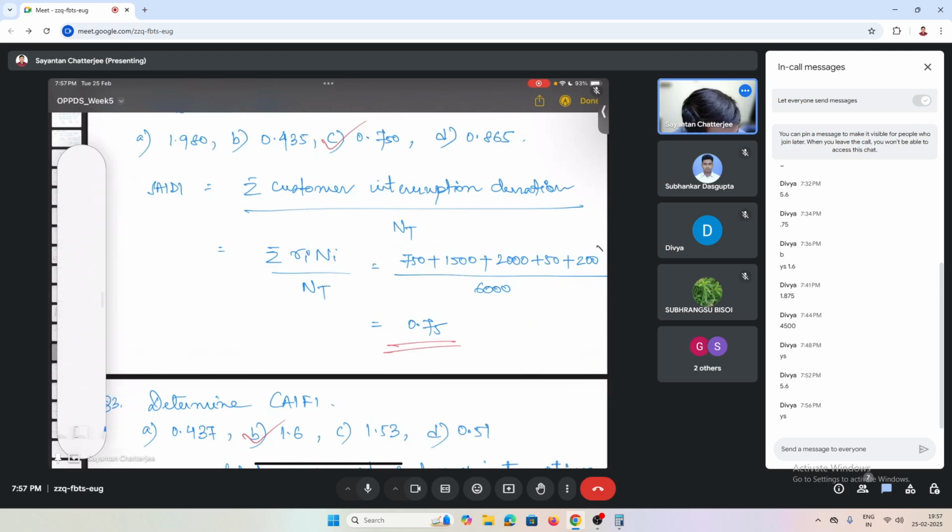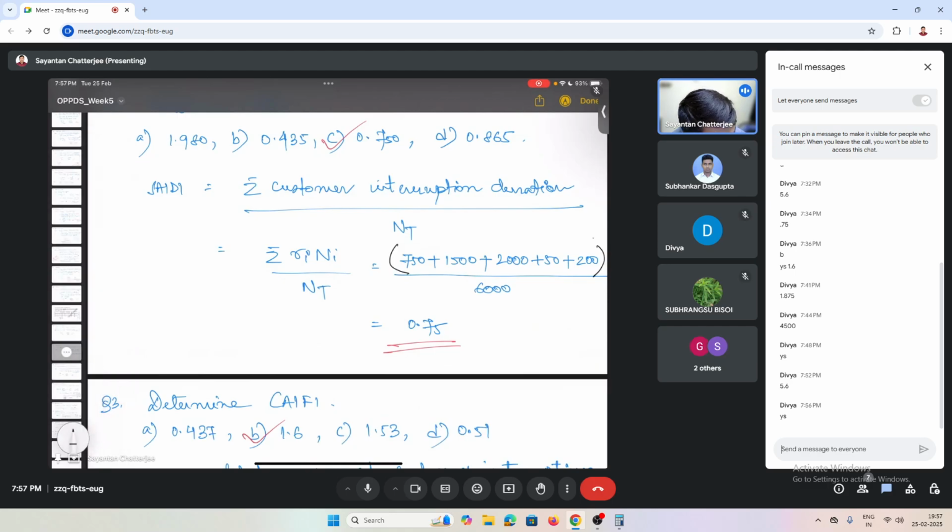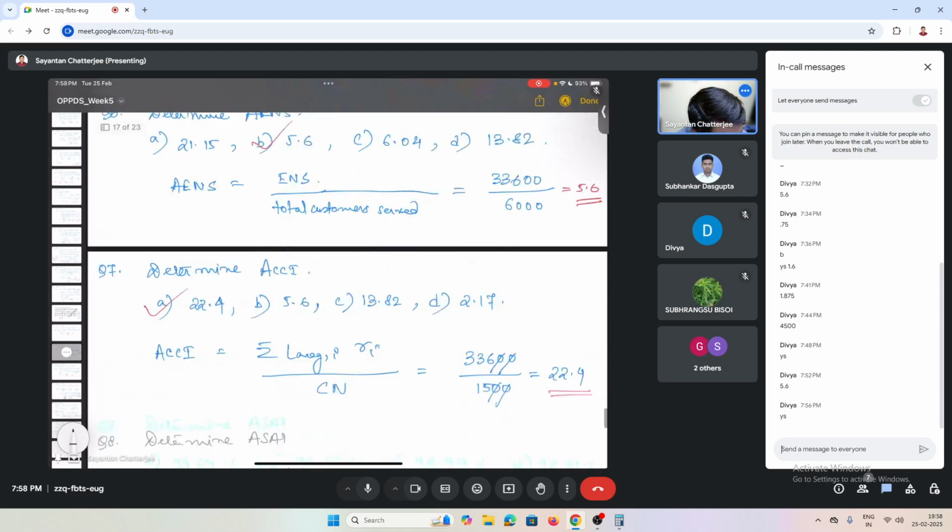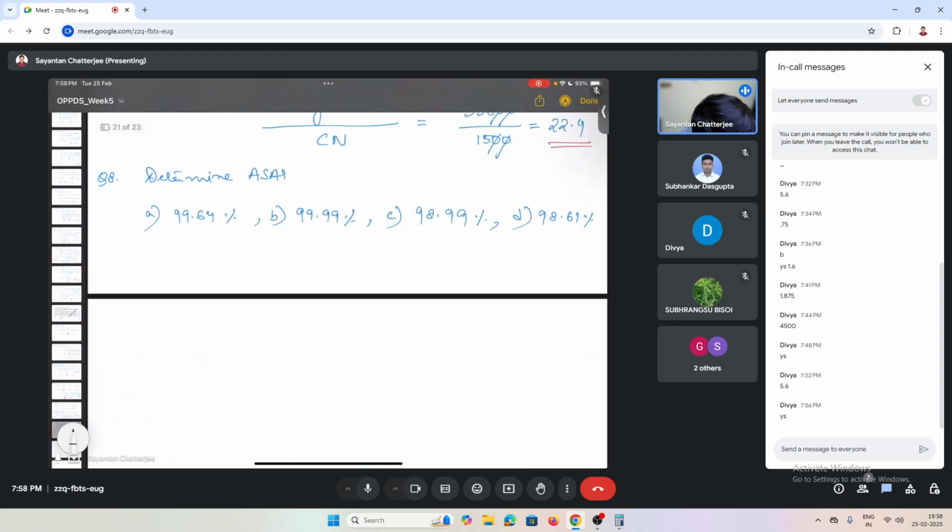This value would give RINI. So most probably this is 4500, this entire value. So we can directly use a double ampersand sign to refer to this value. So we can directly calculate it.